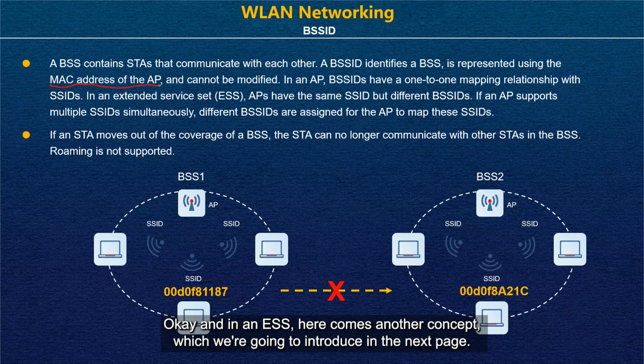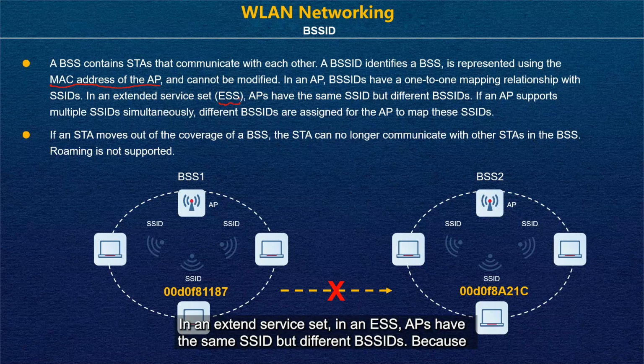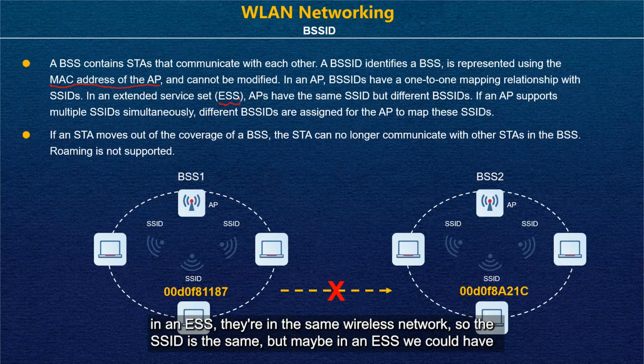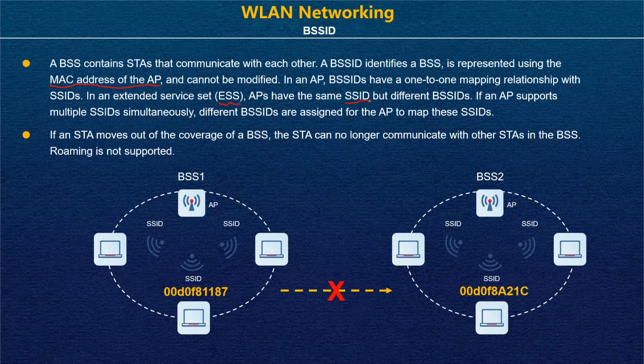Okay, and in an ESS, here comes another concept, which we're going to introduce on the next page. In an extended service set, APs have the same SSID but different BSSIDs. Because in an ESS they are in the same wireless network, the SSID is the same. But in an ESS we could have multiple APs, so the BSSID could be different because different APs have different MAC addresses.